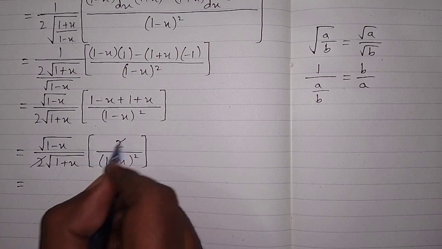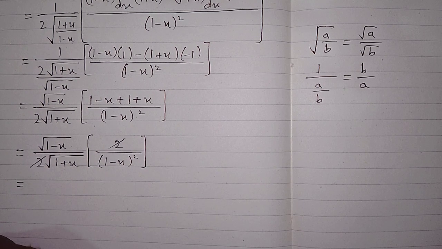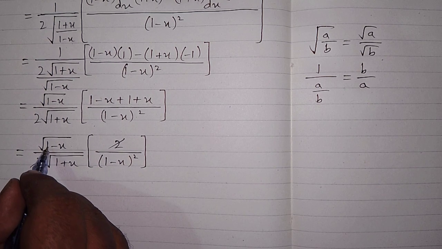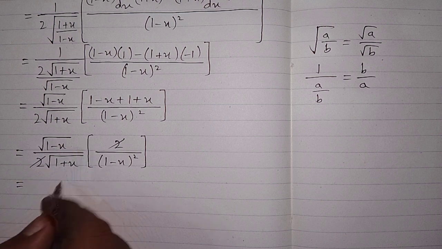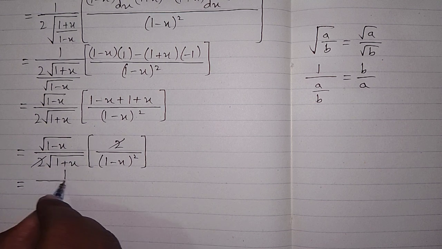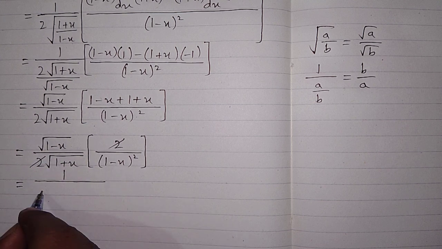Now this 2 and 2 can be cancelled, and here we have square root of 1 minus x, which is 1 minus x to the power 1 upon 2. So we can take this thing in the denominator.